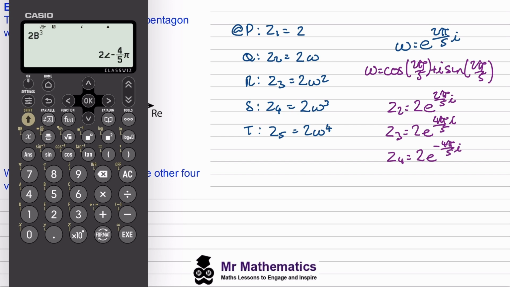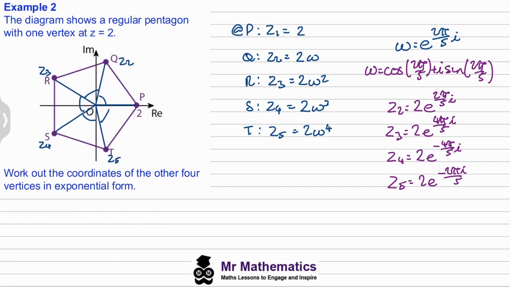And then finally for Z5, we get 2e to the negative 2 pi i over 5. So in exponential form, these will be the coordinates of the other 4 vertices. Okay?